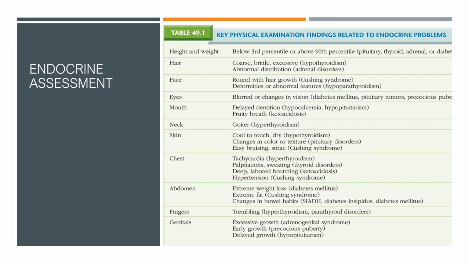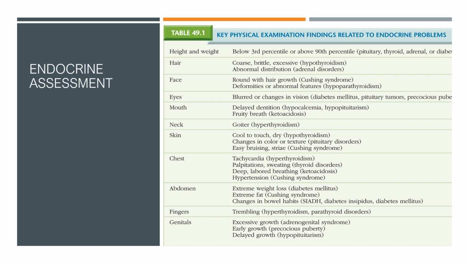We see lots of hair issues, so coarse, brittle, or excessive hair happens in hypothyroidism, and there can be an abnormal distribution of hair with adrenal problems. When we look at the children's faces, we can see Cushingoid appearance with a rounded face with hair growth in places where it really shouldn't be.